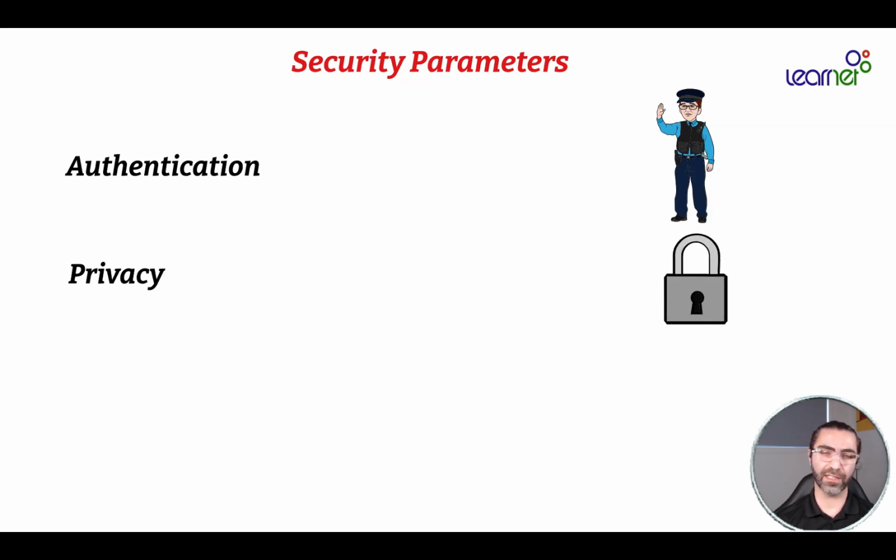Privacy simply means that even if your wireless network data can be eavesdropped or captured by unauthorized people, they cannot interpret it. And that happens through encryption. And finally, integrity. Integrity means that if device A wants to send something to device B in the wireless network, or even between a wireless network and a wired network, that message will not be altered in the middle. And that happens through message integrity checks in wireless networks.